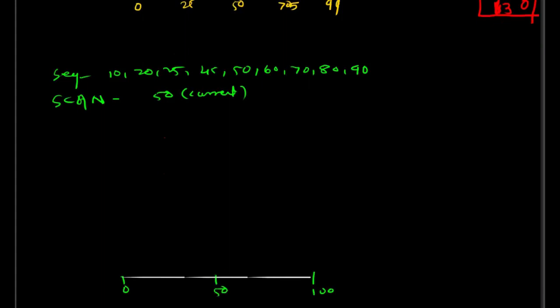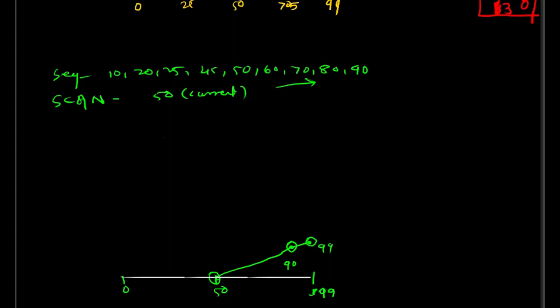Okay, now from 50 it is traversing in the forward direction, this direction. So it will serve all the requests and will reach the last request in that direction, that is 90. Now we know that in scan algorithm from the last request it reaches the end of the disk. So the end of the disk is 99 here. 0 to 99 is 100 total cylinders. So it will travel to 99.